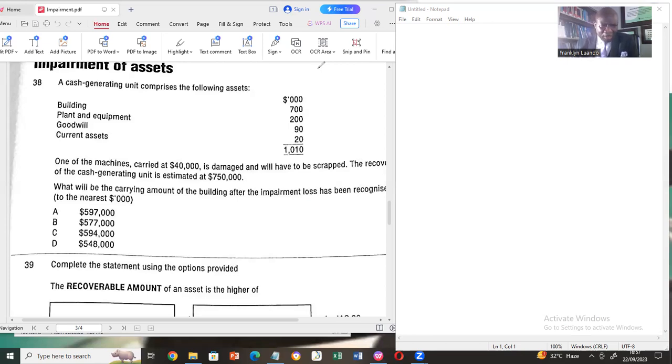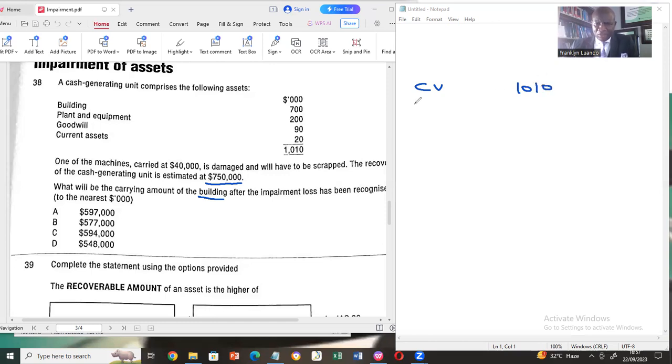The recoverable amount of the cash generating unit is estimated to be 750. What will be the carrying amount of the building? So they're only interested in the building. So in this case, the first thing to determine is to see whether there is an impairment or not by comparing. The carrying value of the whole cash generating unit is 1010, in thousands.